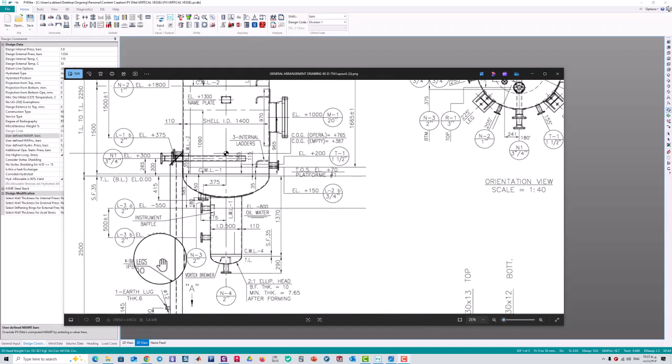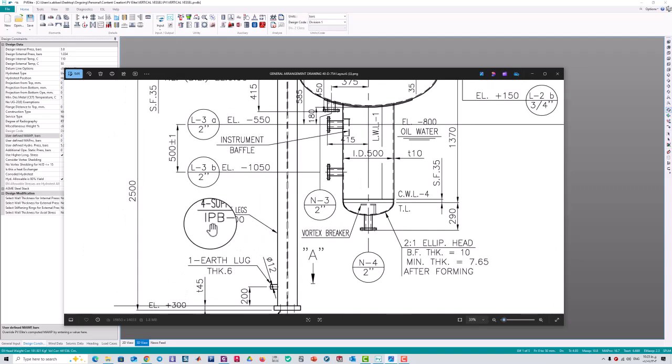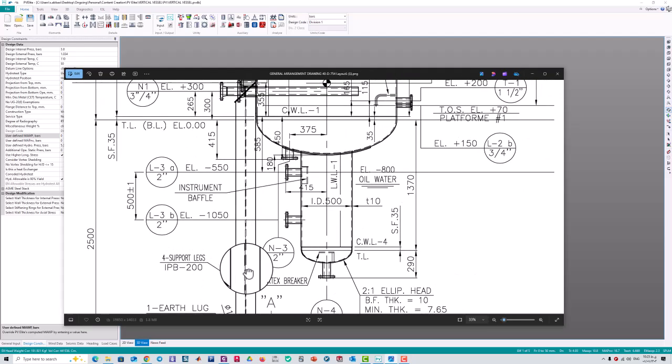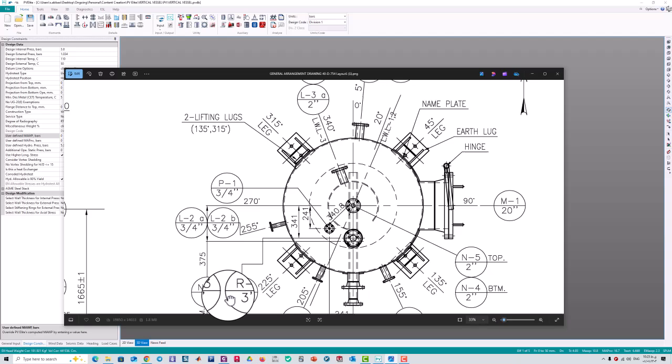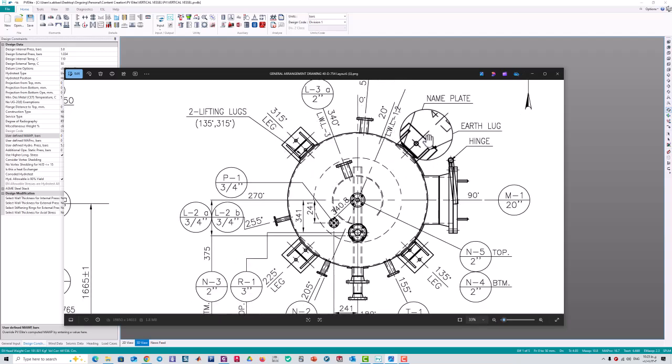Now we want to model the structural component of this vertical vessel, and first we go through vertical support legs, which is oriented in the manner shown in the general drawing, and there are 4 legs as shown in this drawing.